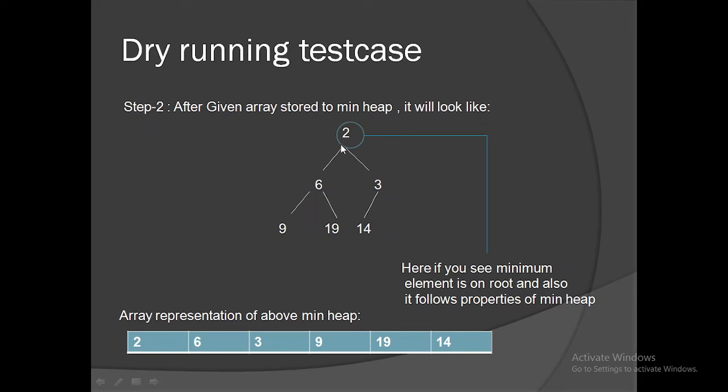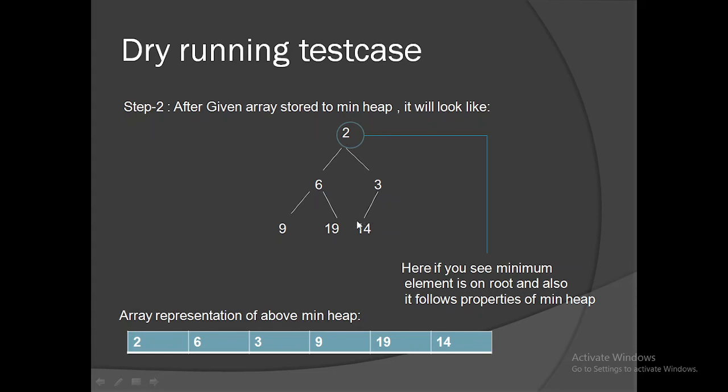You can see the property: the minimum element is at the top. At this level, 6 is the minimum among 6, 9, 19, and at this level, 3 is the minimum among 3 and 14. And if only one node is there, it should be added as a left node as much as possible.